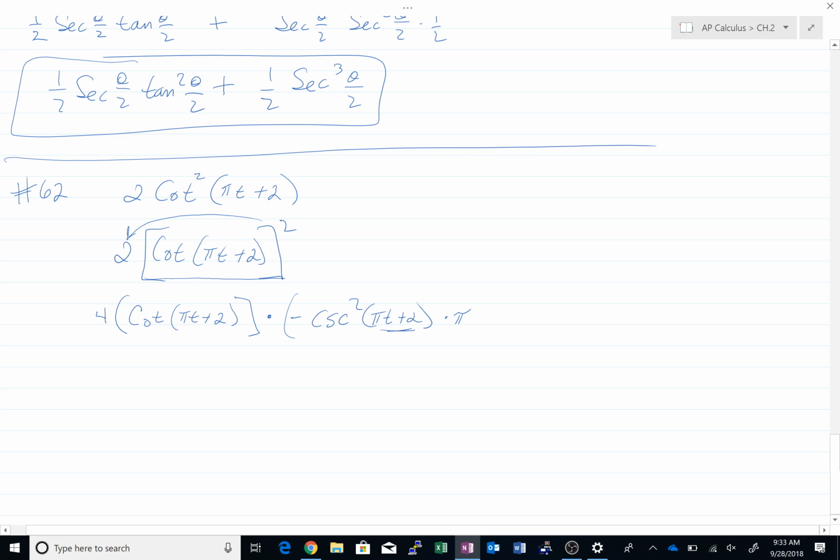Okay. Just kind of grouping it all. All right, so we can kind of put this together a little bit. So I've got the pi out front. That's a constant. So I'm going to bring all my constants out front. There's my 4 pi. And I could make cotangent cosine over sine, make cosecant squared 1 over sine squared. So I'd have cosine over sine cubed. It doesn't really do anything for me.